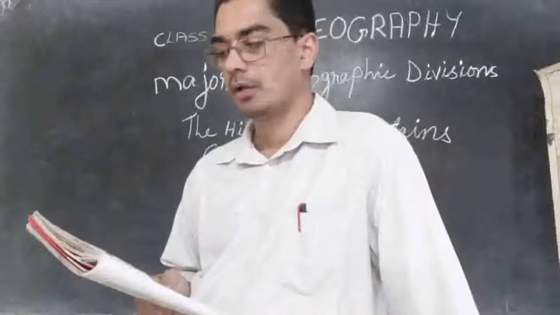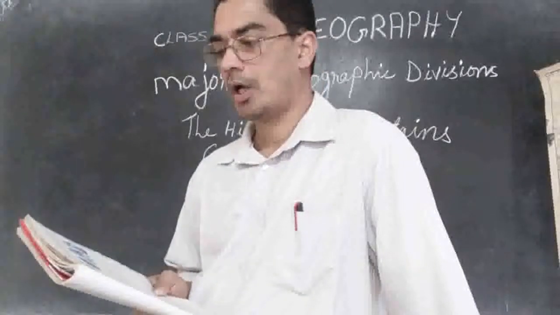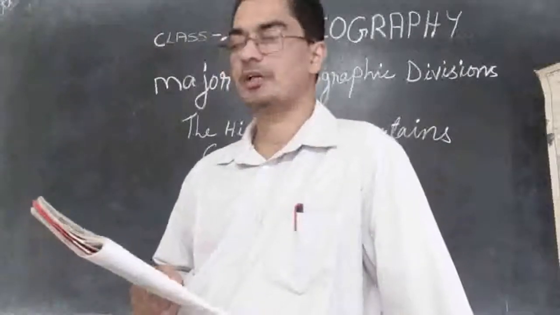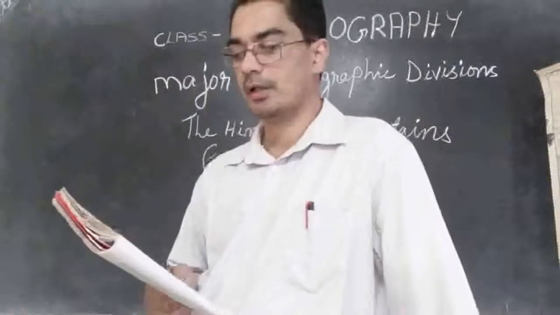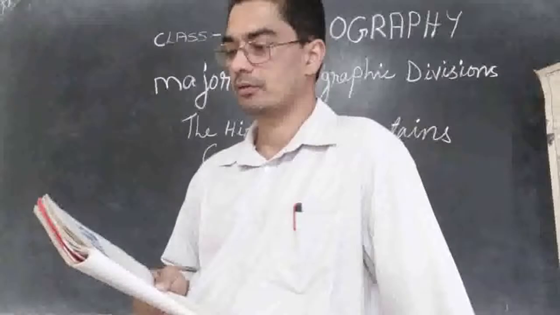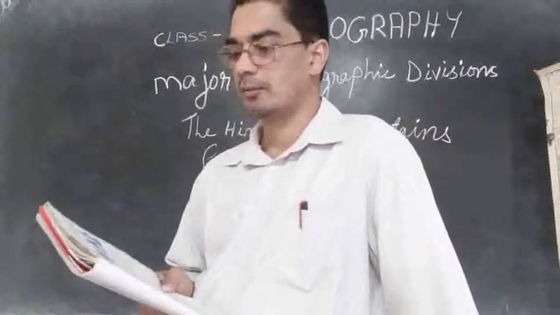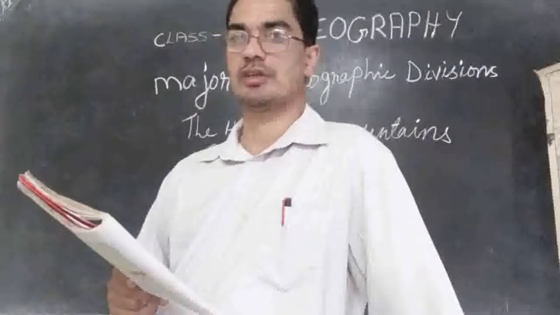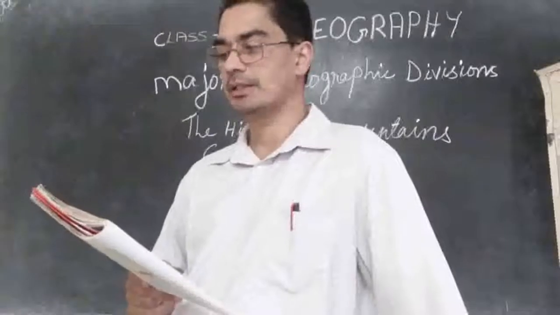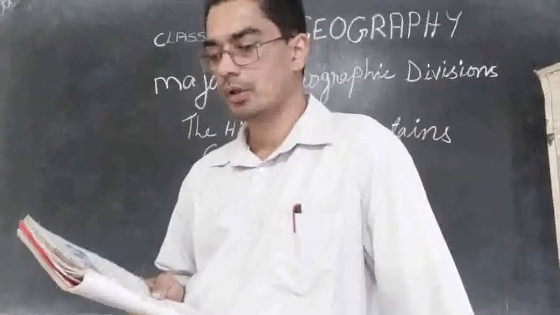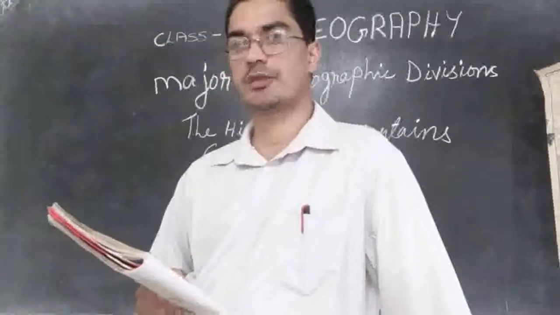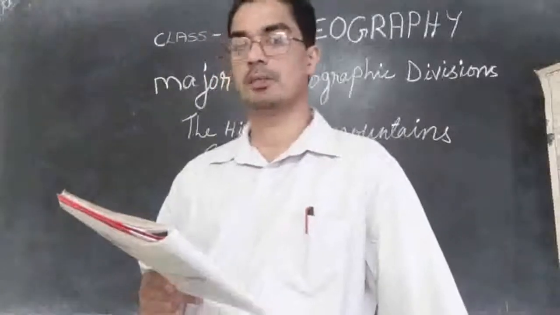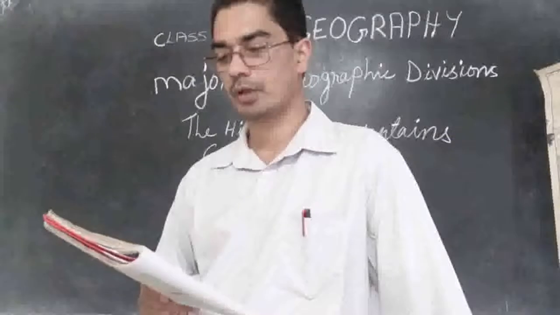Then Annapurna, that is 8,078 meters high. Then Nanda Devi, that is below 8,000, it is 7,817. Then Kamet, that is 7,750 meters high.